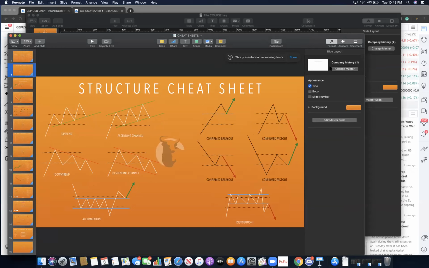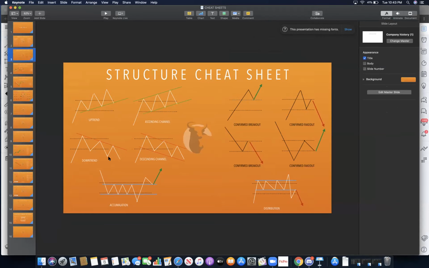If you look at the structured cheat sheet, there is a page on it that shows you what an uptrend is, what an ascending channel is, what a downtrend, what a descending channel, right? What a breakout to the upside is, what a breakout to the downside is. And you see here, confirmed breakout, right? Confirmed with the retest, and the green or red signals the reaction the market has after that retest, right?